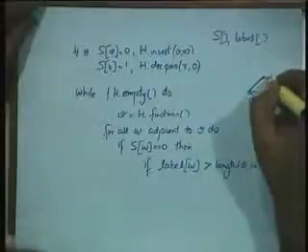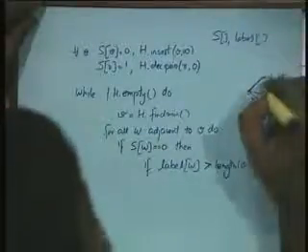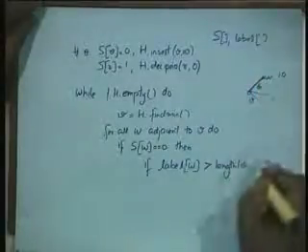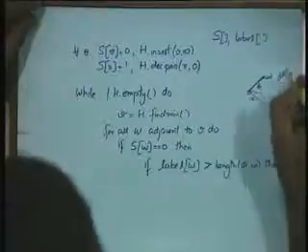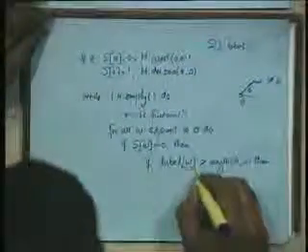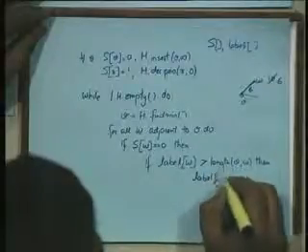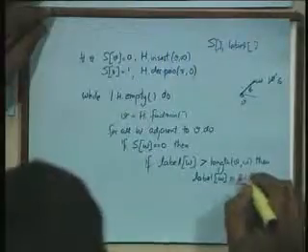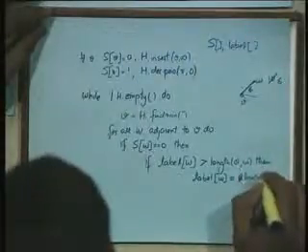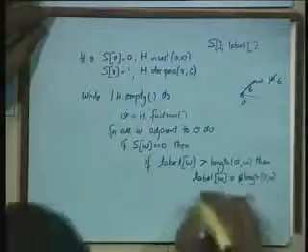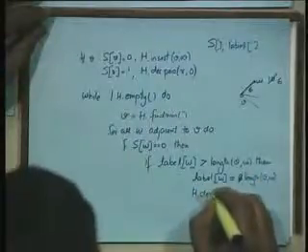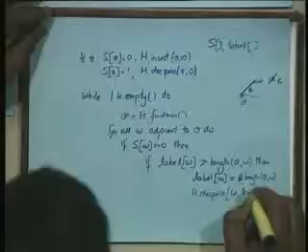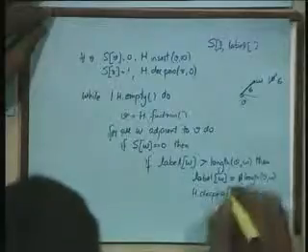Suppose the label on it was 10 and the edge length is 6. The length of this edge is less than that label, that's what is being said. Then its label should now become 6. Then label W equals length VW, and H dot decrease priority W comma label W.